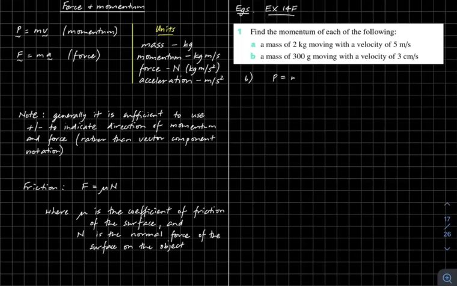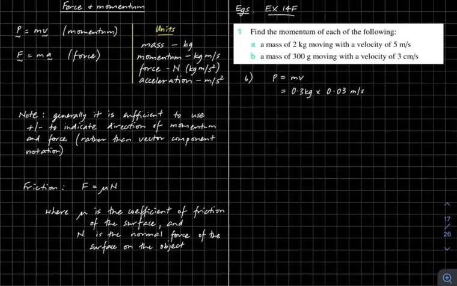So we can just say momentum is equal to mass times velocity. Now, so that we can get our units correct, we should say that 300 grams is 0.3 kilograms, and we're multiplying by a velocity of 3 centimeters per second, which would be 0.03 meters per second.